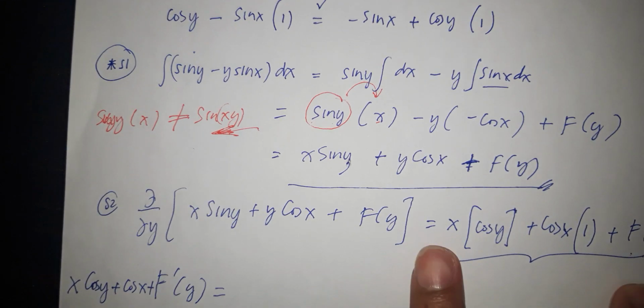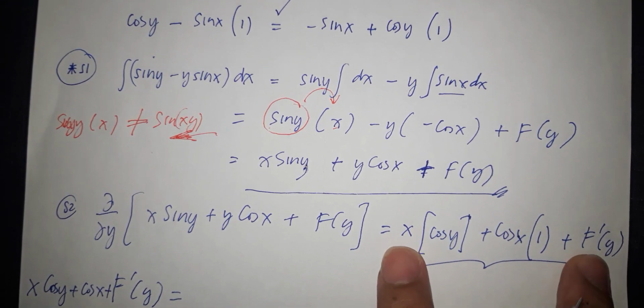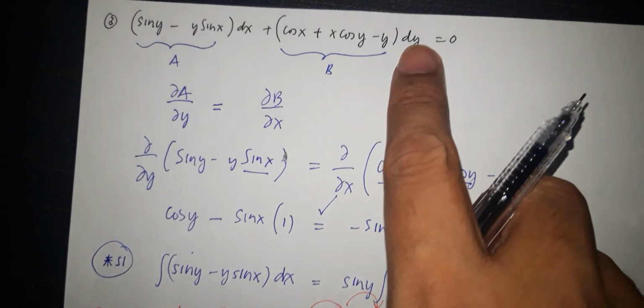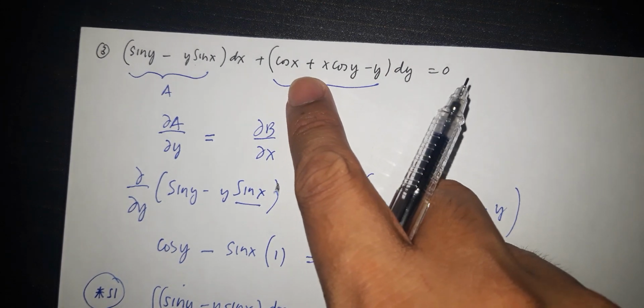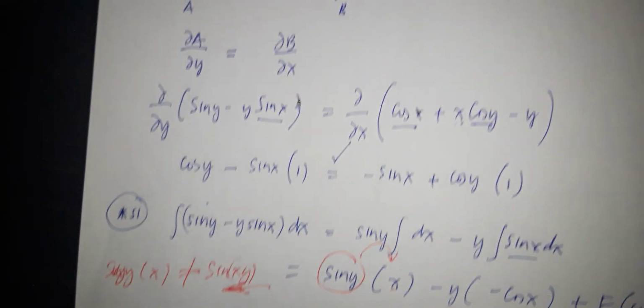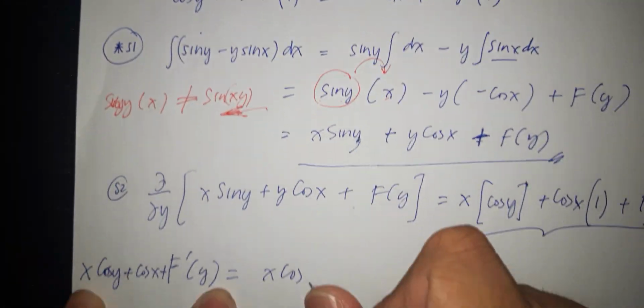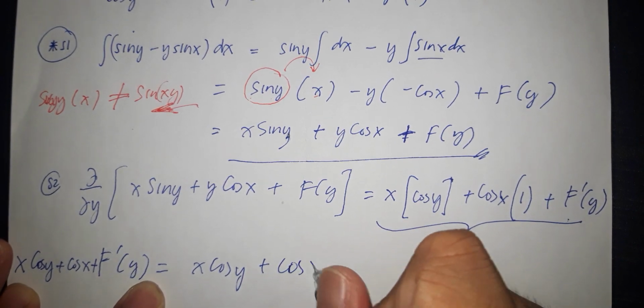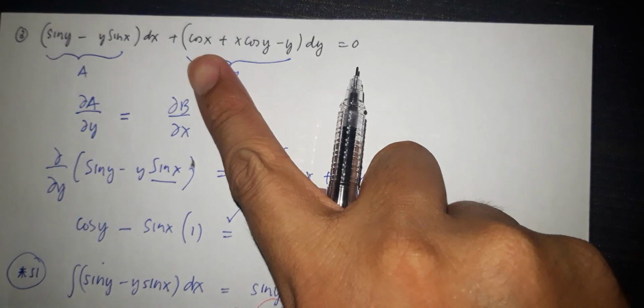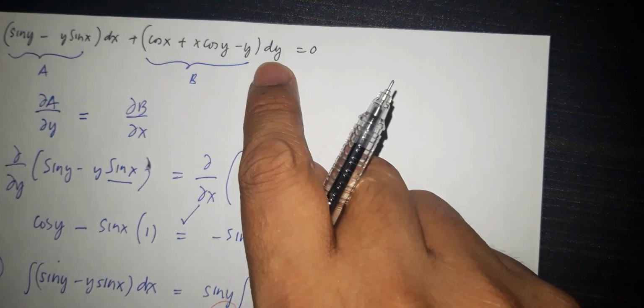This is what we equate with our B. Our B is cos x plus x cos y minus y.